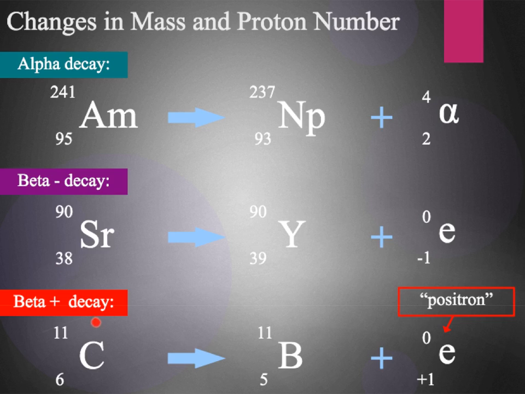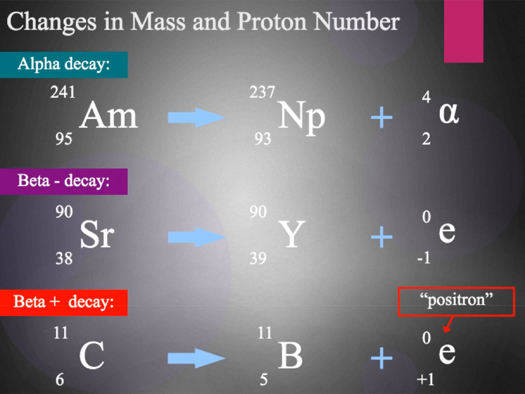Finally, for our beta plus decay, we now have carbon-11 decaying to boron-11 and giving off our positron. Our positron, also given the symbol E, again has a mass of 0, however this time has a charge of +1. So there has been no change in the overall mass number, just as we saw in beta minus decay.